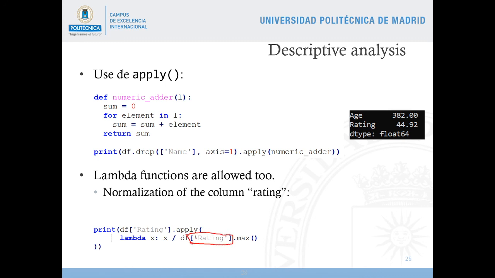Data frame rating dot max returns the maximum of the rating column. So with this, to the column rating, I divide its elements by the maximum of rating. What do I do? It's a normalization to put all the values between 0 and 1.